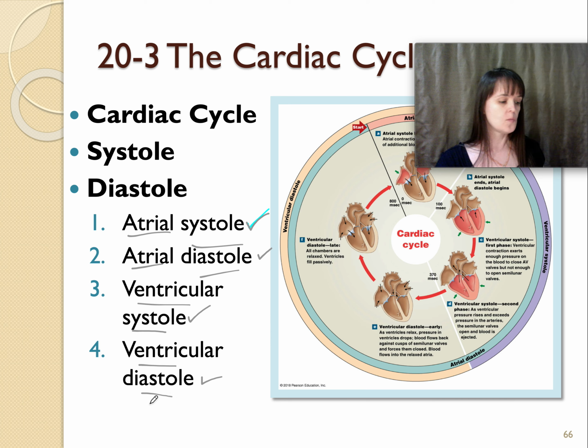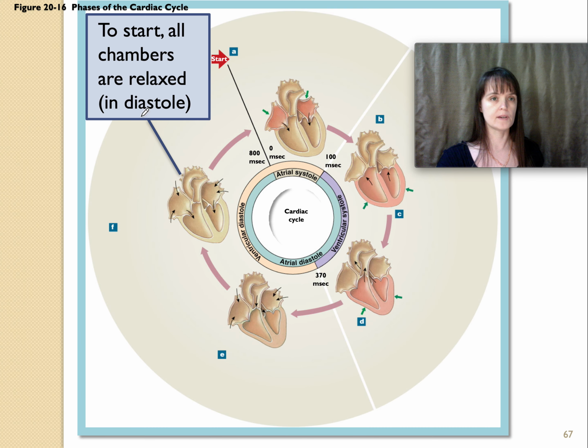Okay, so when the cardiac cycle begins, and here's our picture of the cardiac cycle. I believe we'll be looking at these bit by bit, okay? To start, all 4 chambers are relaxed, which is diastole. So when we start right here, we're in atrial diastole and ventricular diastole.